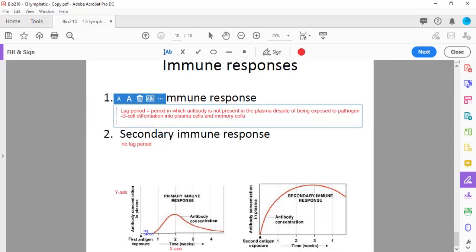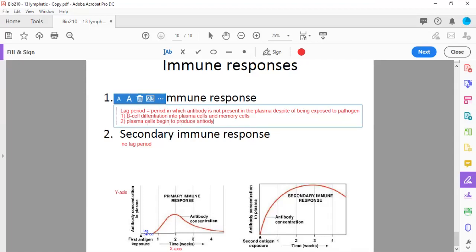Also during the lag period, the plasma cells begin to produce antibody. So you can see it takes time for it to rise. It takes about 5 days, more or less. You can approximately say 5 days.